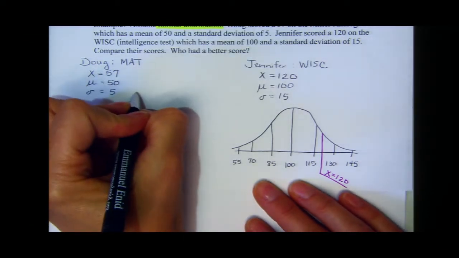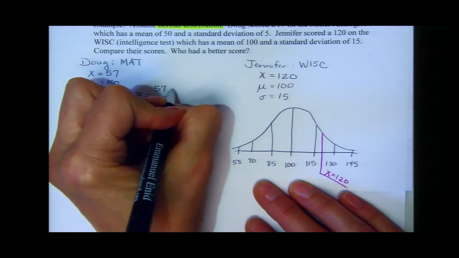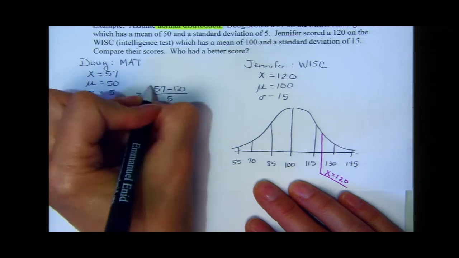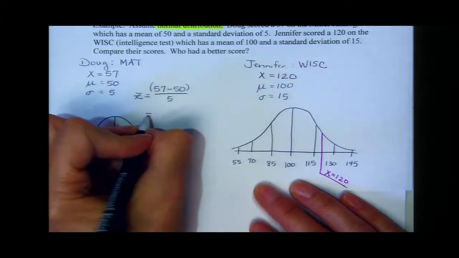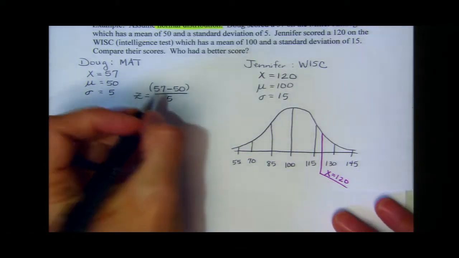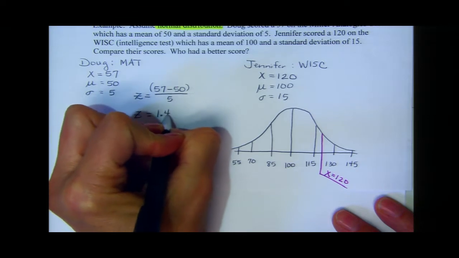It would be x, which is 57, minus mu, which is 50, divided by 5, and remember, put this in parentheses. If we do that, I have not done that calculation yet, so 57 minus 50 divided by 5, I get 1.4. Since we go to 2 decimal places, I'm just going to put 1.40.